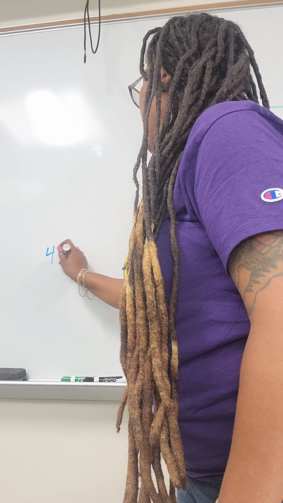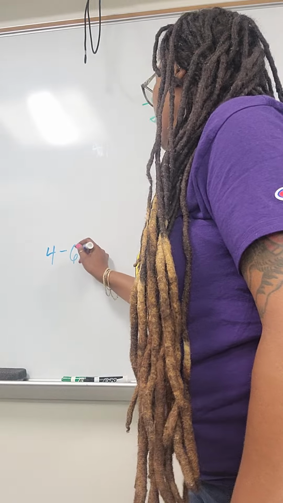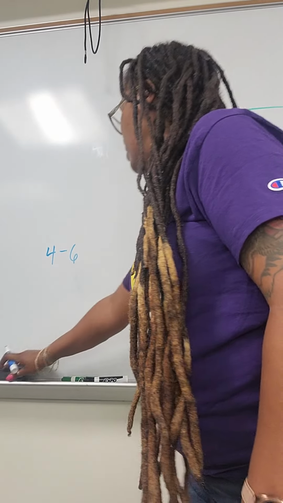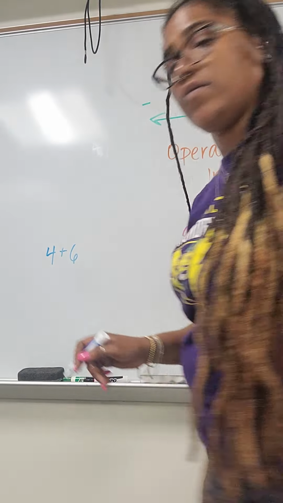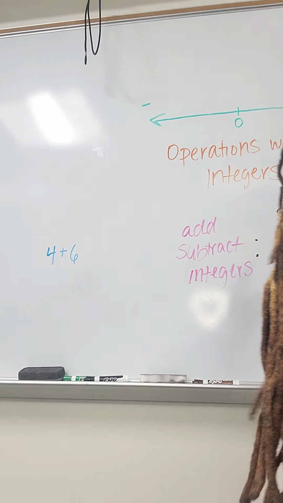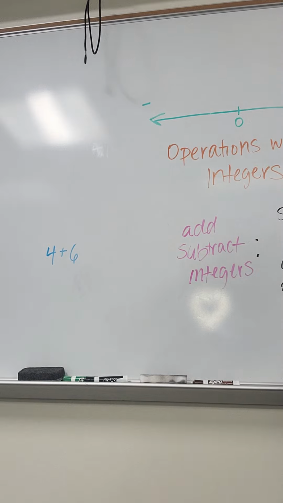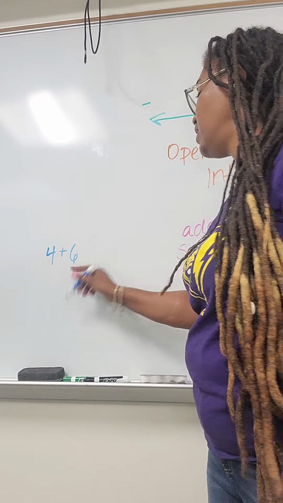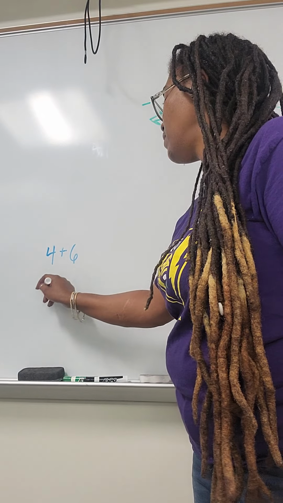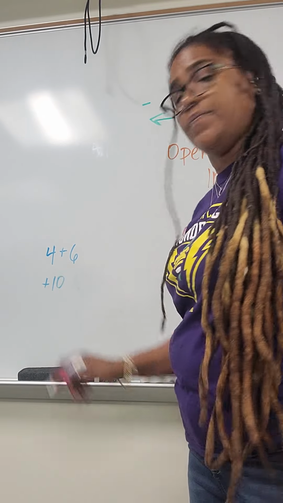And then I'm gonna say plus 6. Okay? The signs are the same. We add the values and we keep the sign. So this is a positive 4 and a positive 6. So that's gonna equal a positive 10.